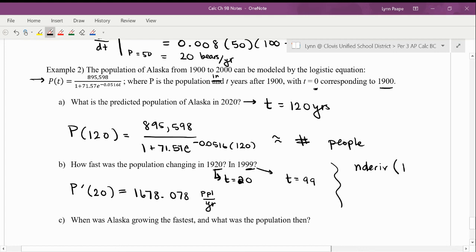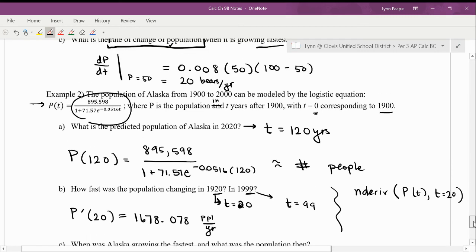We would just put in our function, so that P of t, we would type this equation into our calculator, and then evaluate it at t equals 20. And then I'll make sure I pop that into our format as well.